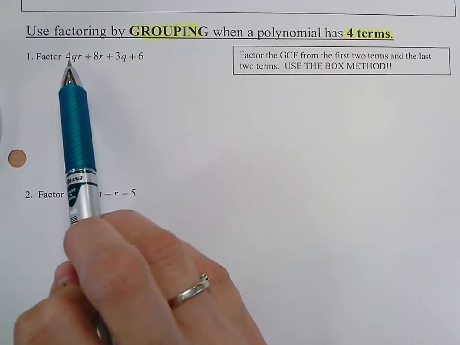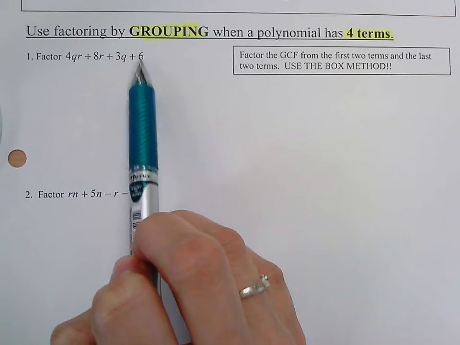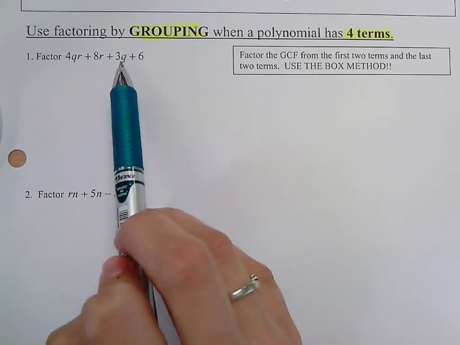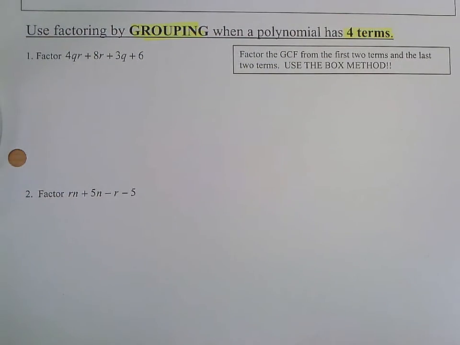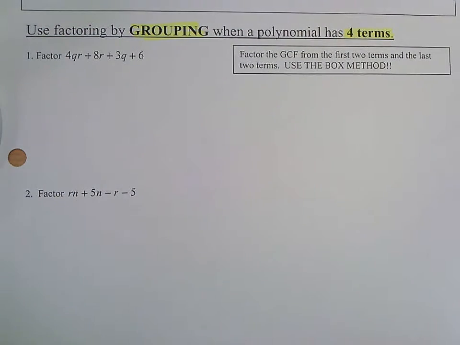So if we look at 4, 8, 3, and 6, and then we'll look at variables next, but 4, 8, 3, and 6, is there a number besides 1 that you can divide all of those by? What do we think?